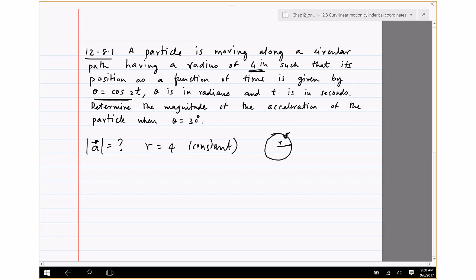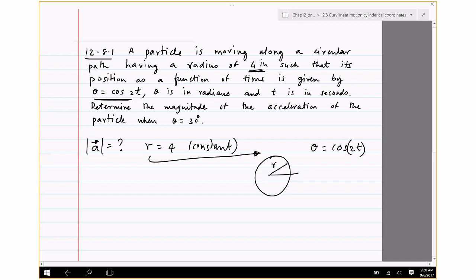It's moving in a circle, so r does not change with time. And we're given that theta is equal to cosine 2t. Okay, I'm going to draw this slightly differently. The way this moves actually is r and theta.